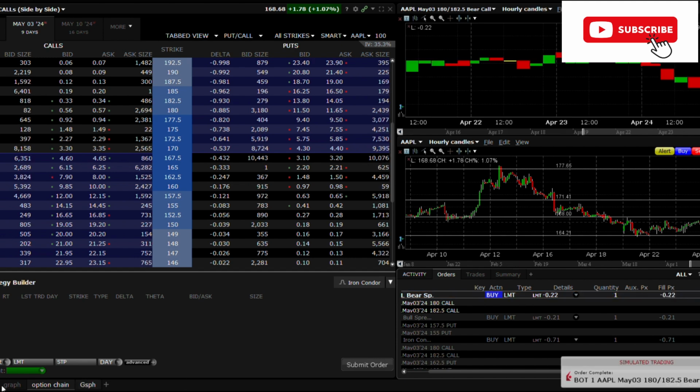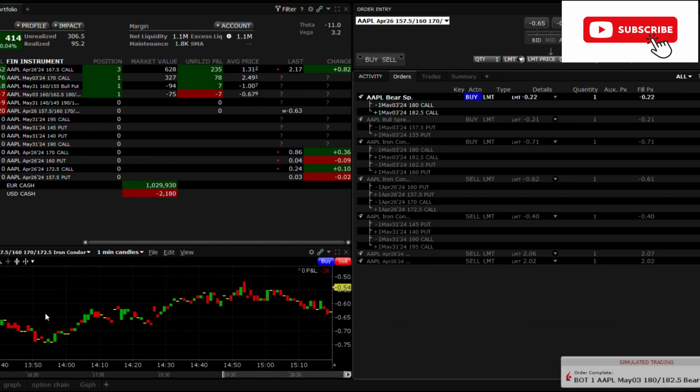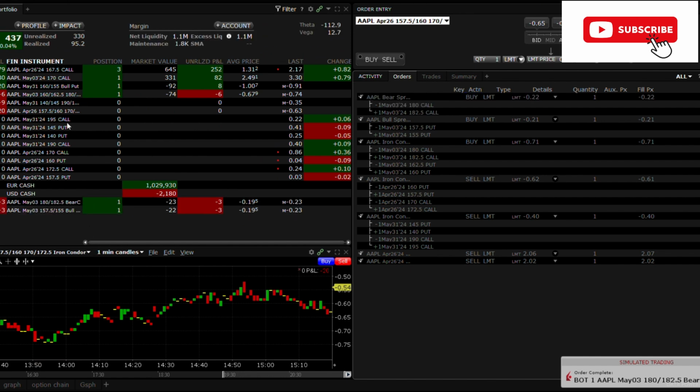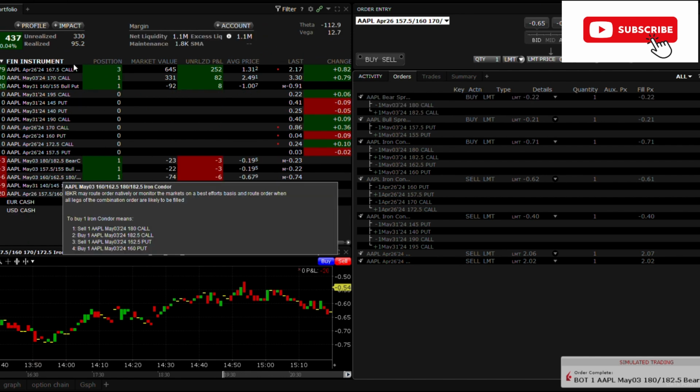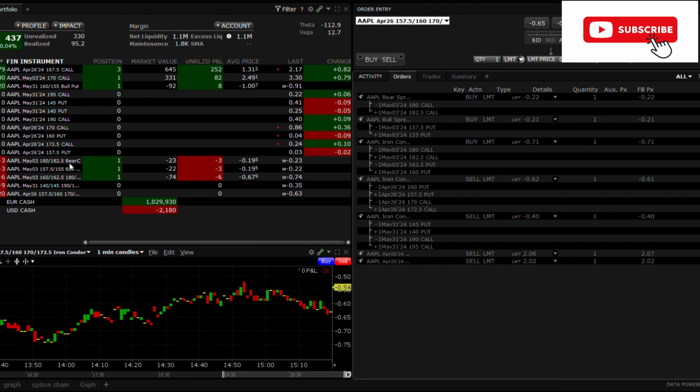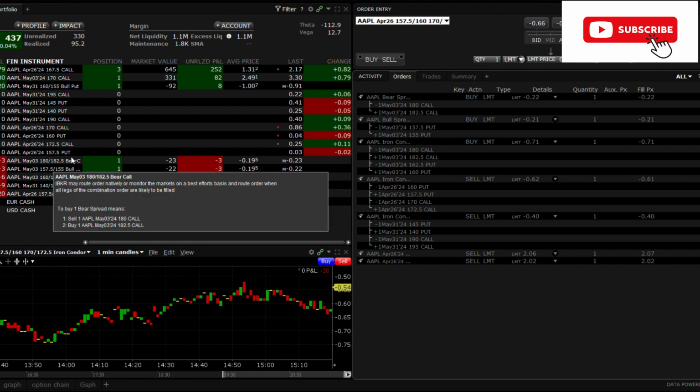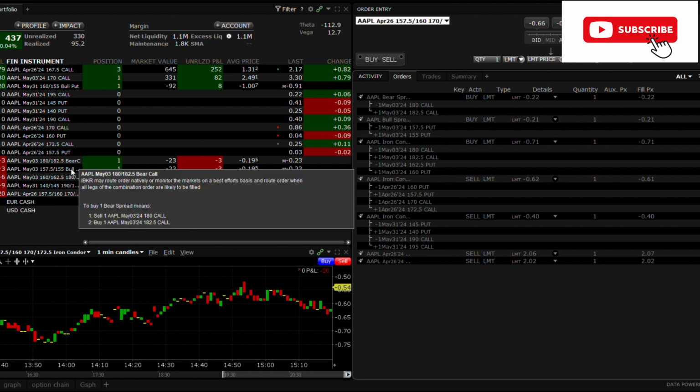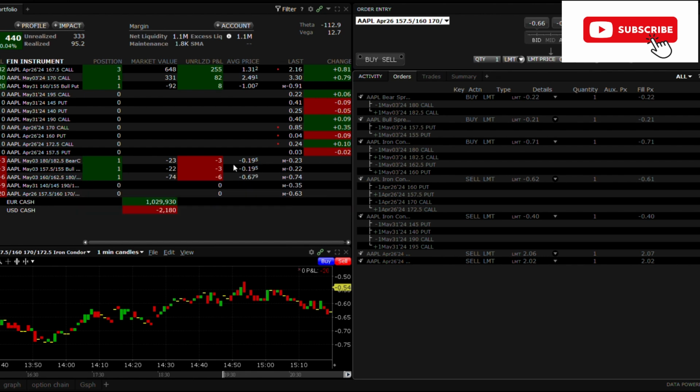Okay, so if you look at this portfolio, you see here that I have one call, and we earned 23, but here you see only 19, because they are also reducing the commission from this amount. That's why we see a little less than what we did. So you see these two positions, one is the call side, and one is the put side, and you have these two legs.